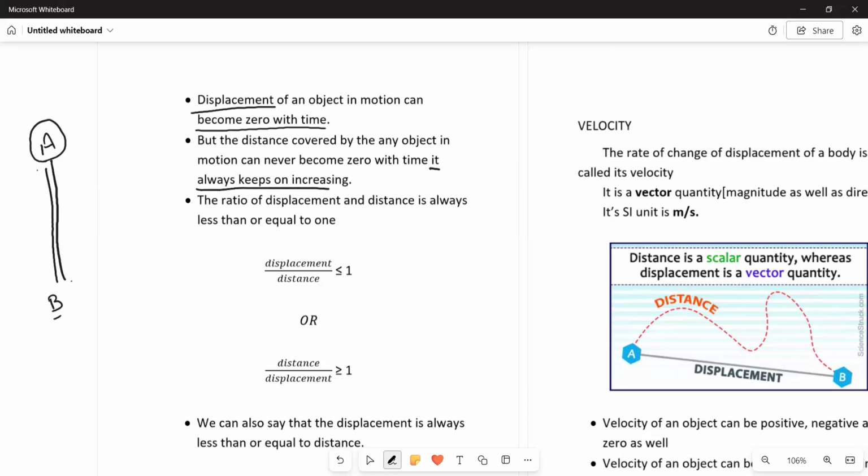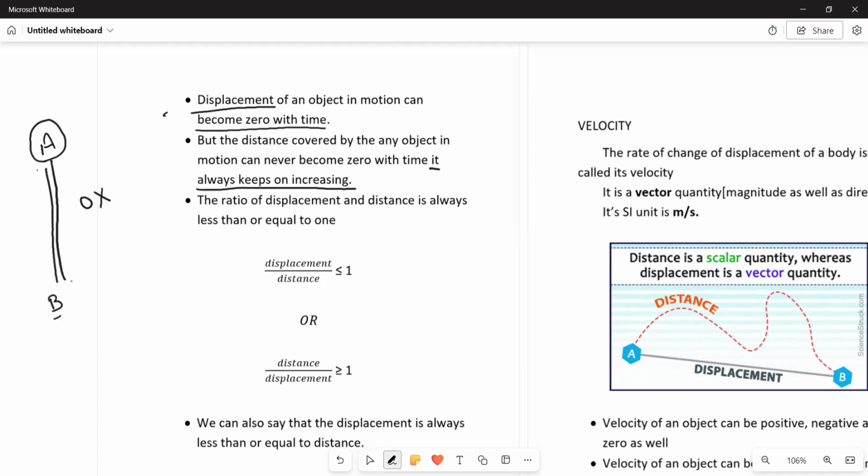It always keeps on increasing. So the distance between A to B and B to A will never become zero. Our displacement can become zero, but distance will never become zero.